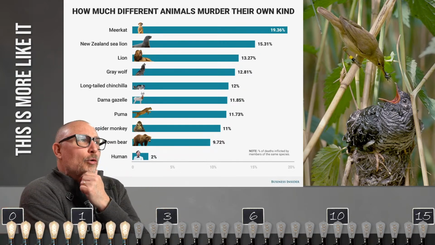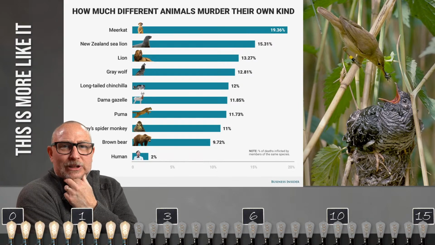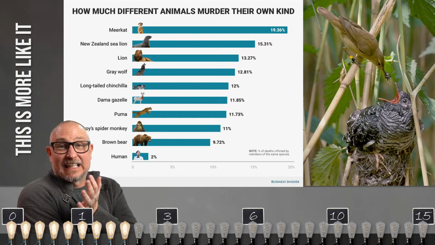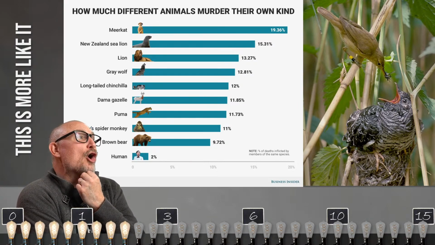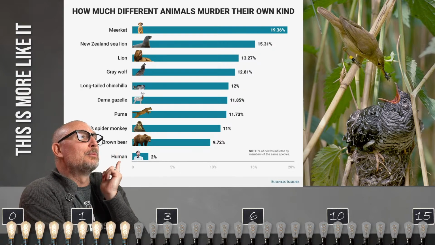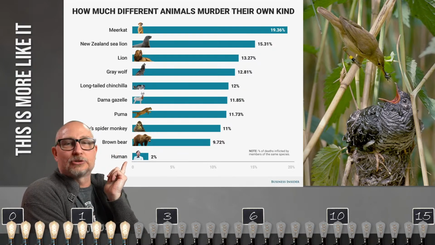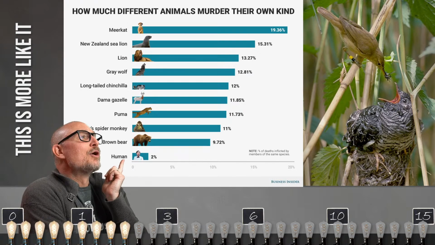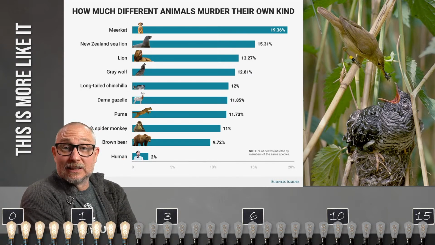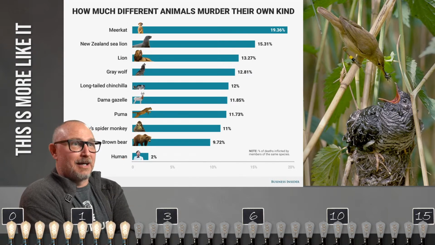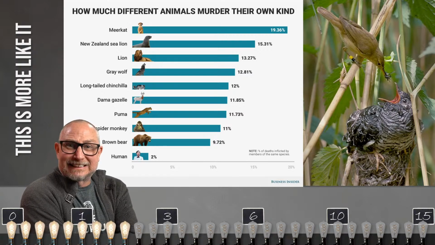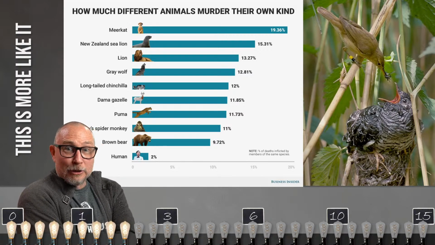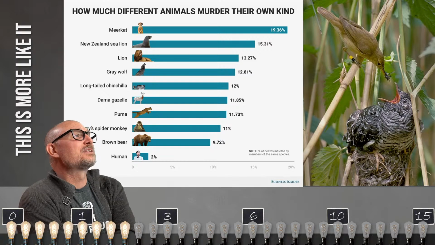If you want to know, of all the animals in the animal kingdom, which ones kill their own kind the most: humans kill their own kind 2%, all right? Whereas meerkats are just homicidal things. Meerkats kill each other all the time.